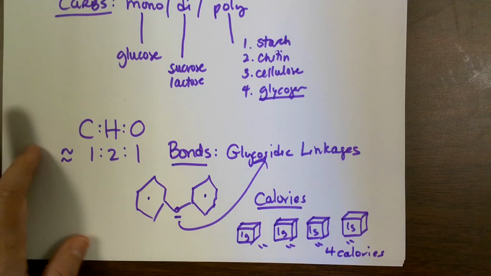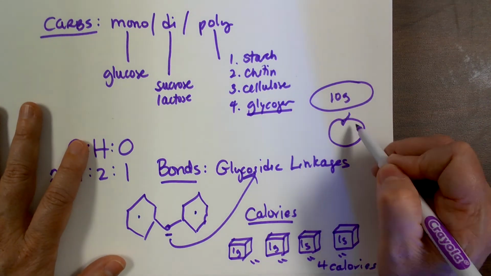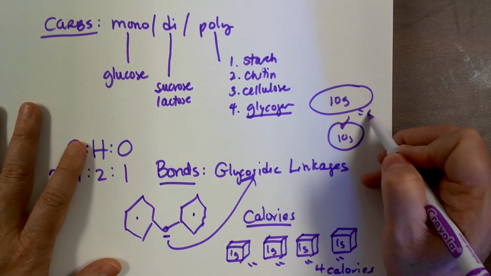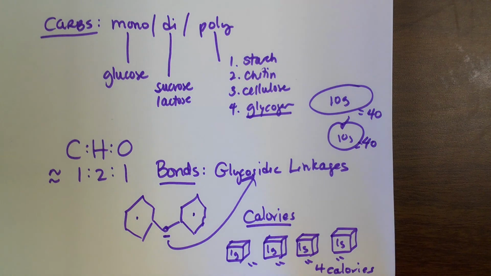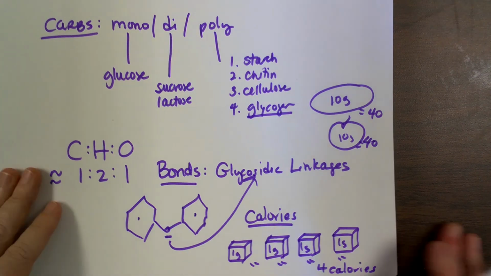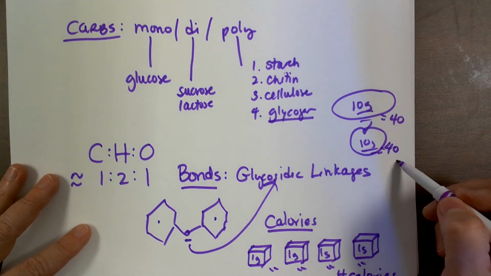And so what that means is if you have a potato that's 10 grams and you have an apple that's 10 grams, both of them will be 40 calories. So it doesn't matter that one's a potato and one's an apple. It's just whichever the 10 grams, 40 calories.